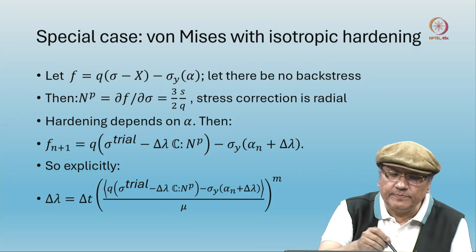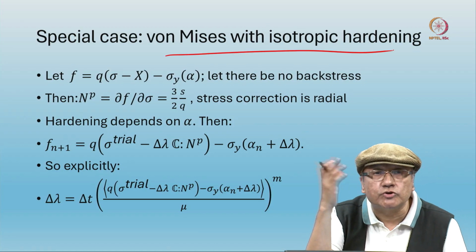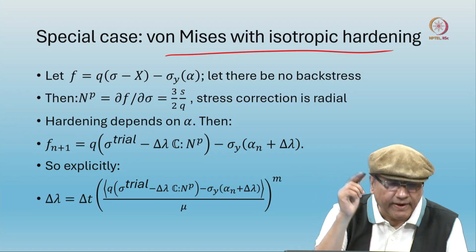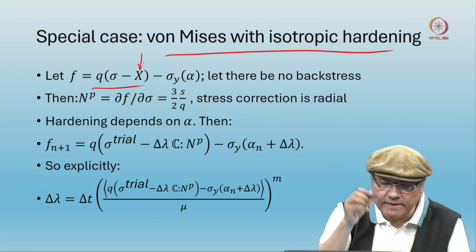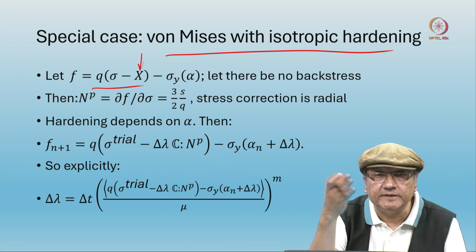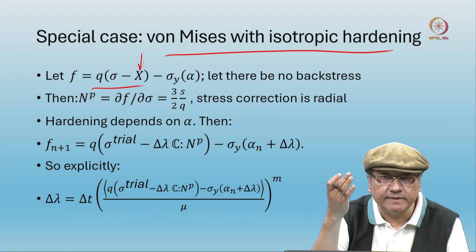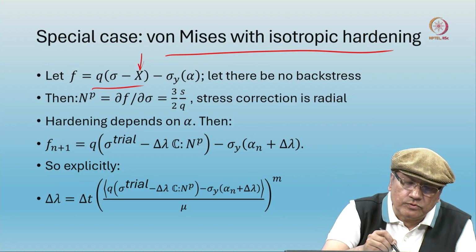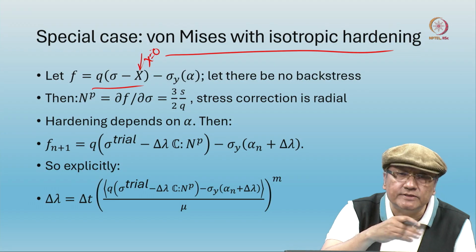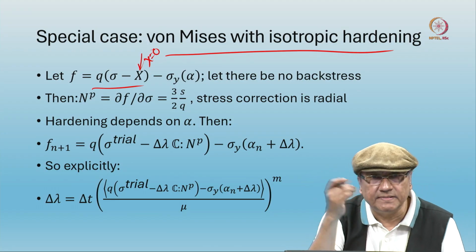Now, let us take a very special case, von Mises isotropic hardening. Let us take Q to be the effective stress, and sigma y, an alpha dependent, internal variable dependent, yield stress. So, let us take x equal to 0, that is there is no back stress, a simple thing.